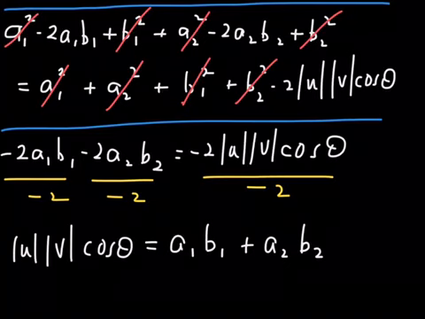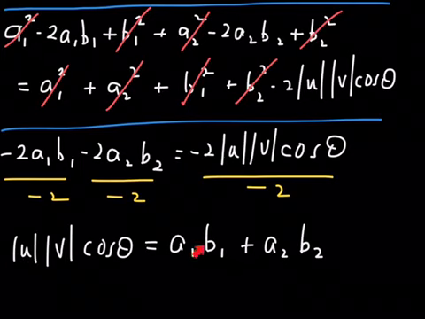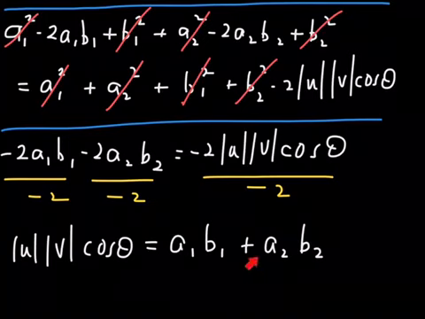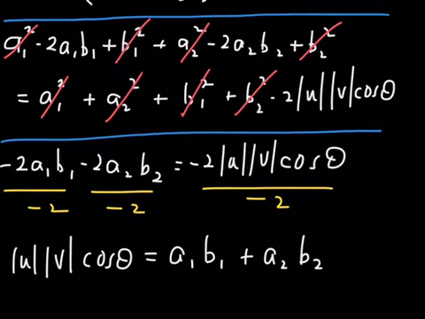Now, look at this. Does this look familiar to you? A sub 1 was the horizontal component of vector u. B sub 1 was the horizontal component of vector v. A sub 2 and b sub 2 were the vertical components of vectors u and v. In other words, and if you allow me to, maybe this will help you, just reference the picture that we had in the very beginning of our entire argument.